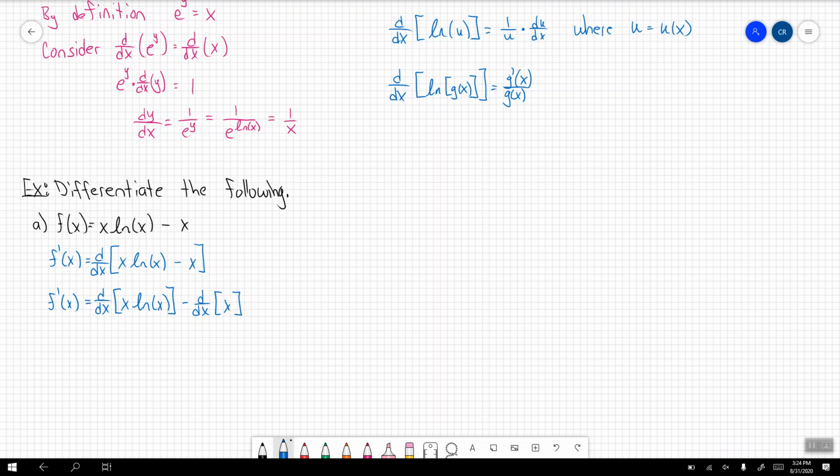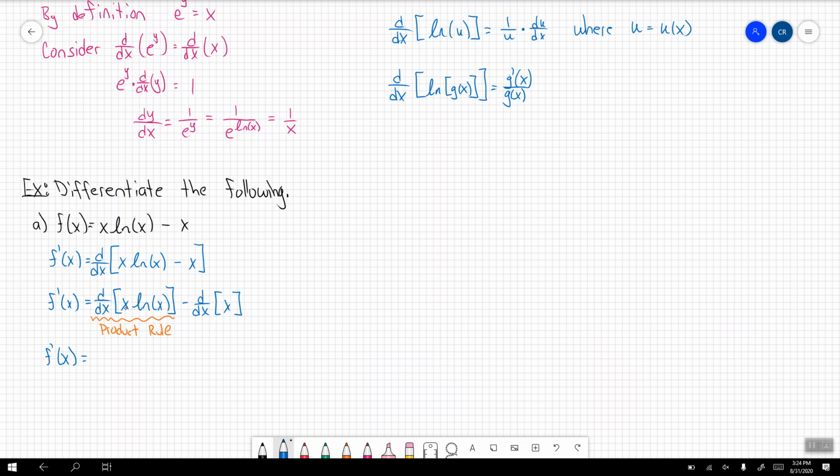Okay, differentiating the first part, this is going to lead us to the product rule. So the product rule for derivatives is what we need first. Now the product rule, we take the derivative of the first function.